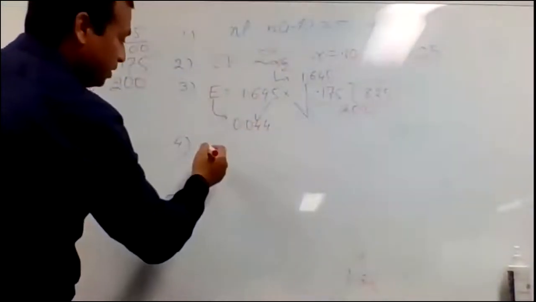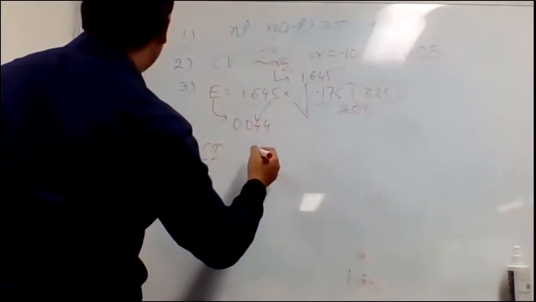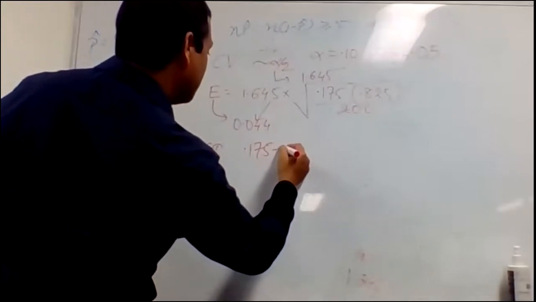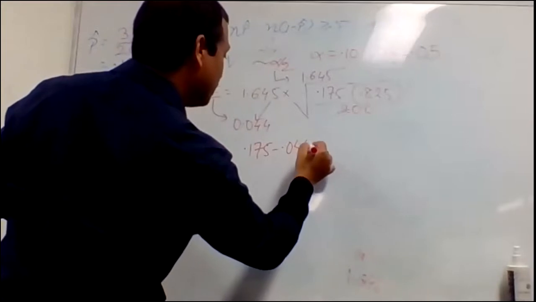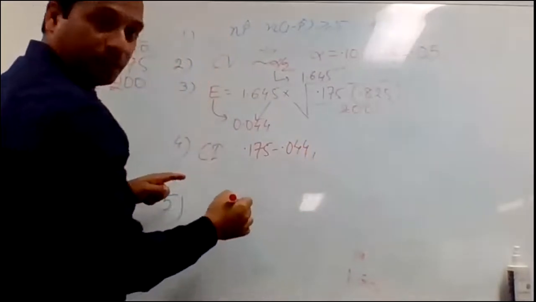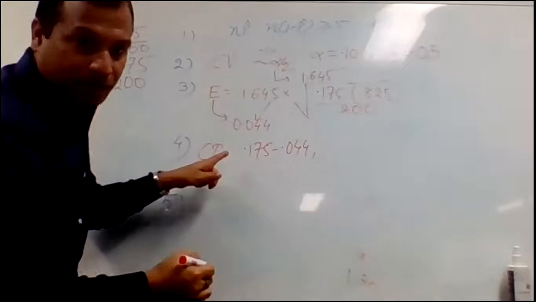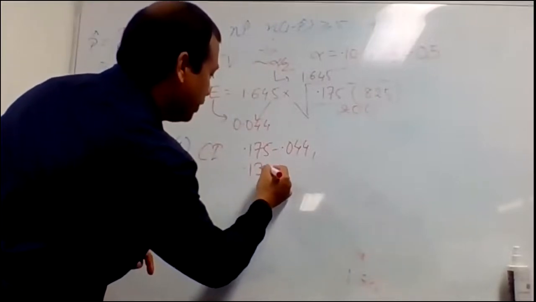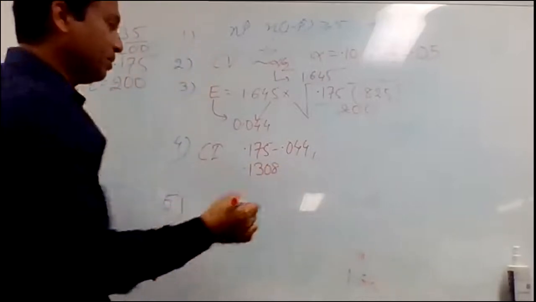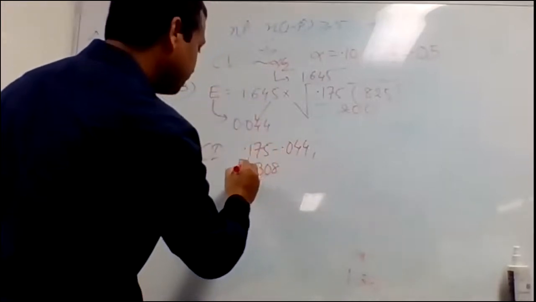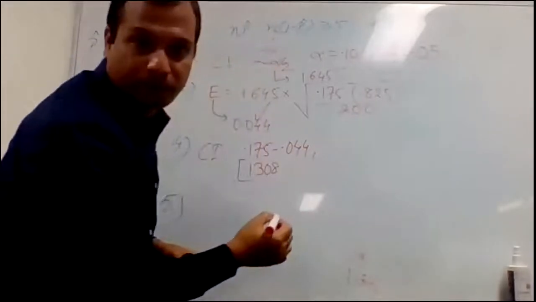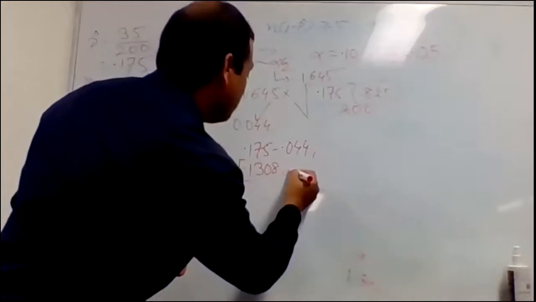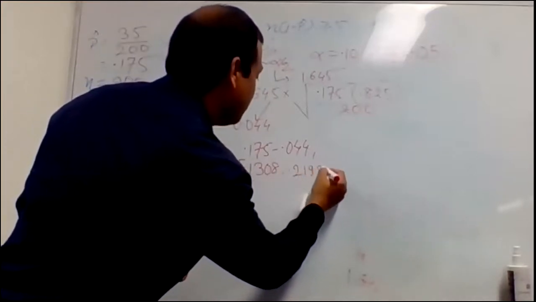What is the confidence interval you are getting? The confidence interval will be 0.175 minus 0.044, which is 0.131, yes, 0.1308. And the other value is 0.175 plus 0.044, which is 0.2192.